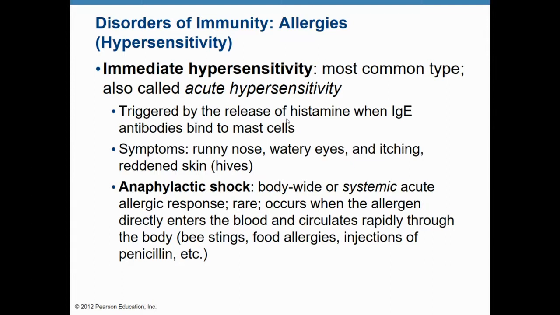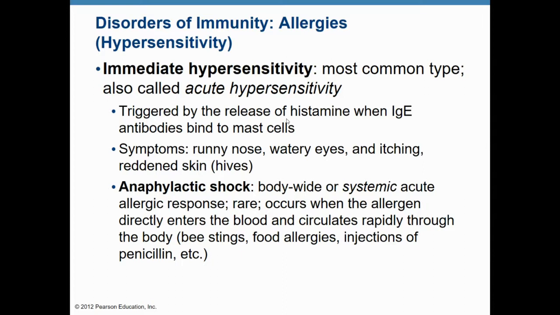And mast cells have lots and lots of little granules that contain histamine. That histamine is going to be released. And histamine is a vasodilator. That means it causes your blood vessels to enlarge. They become leaky. More of the fluid leaks out, and that's what makes your eyes all runny. It makes your nose run. You get all itchy. You might get hives.